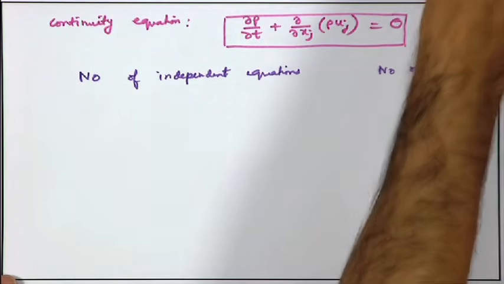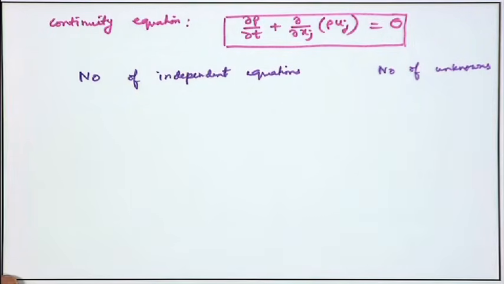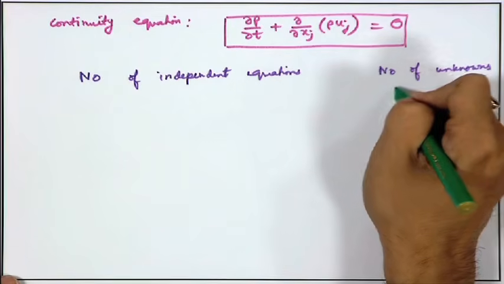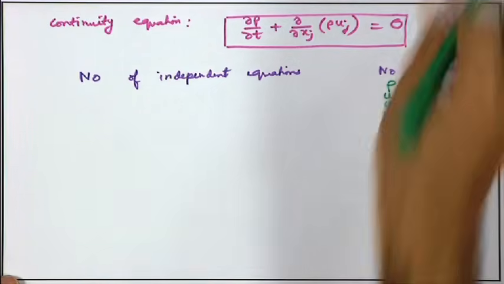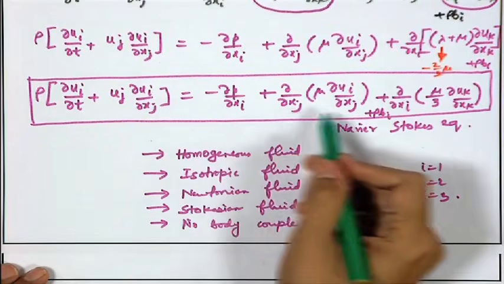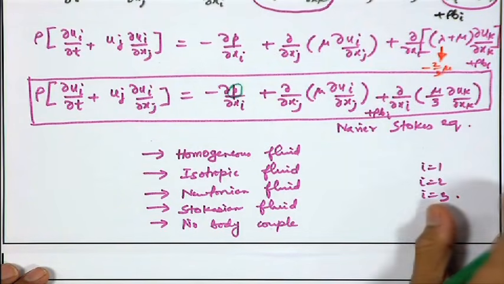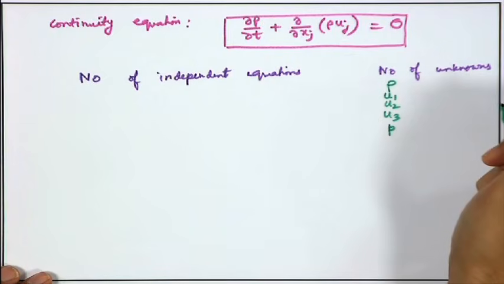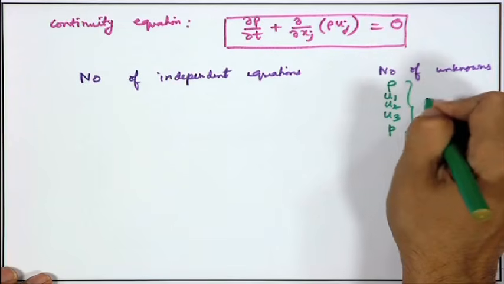First let us write the unknowns. So, now if you look at this equation, in the continuity equation what are the unknowns you see? Let us list the unknowns: rho, u1, u2, u3. In the Navier-Stokes equation you have again rho, u1, u2, u3, there is an additional unknown which is pressure, P. So, how many unknowns are there? 1, 2, 3, 4, 5, 5 unknowns.